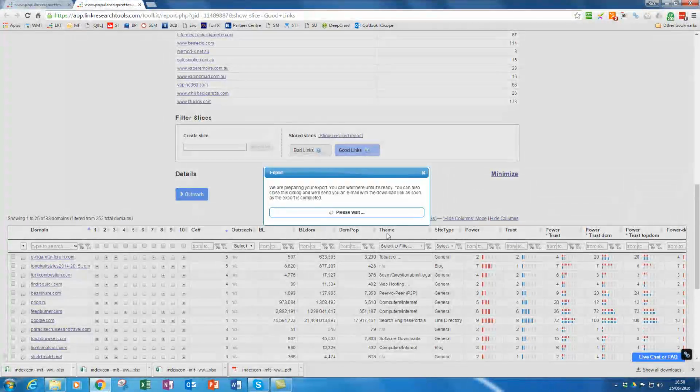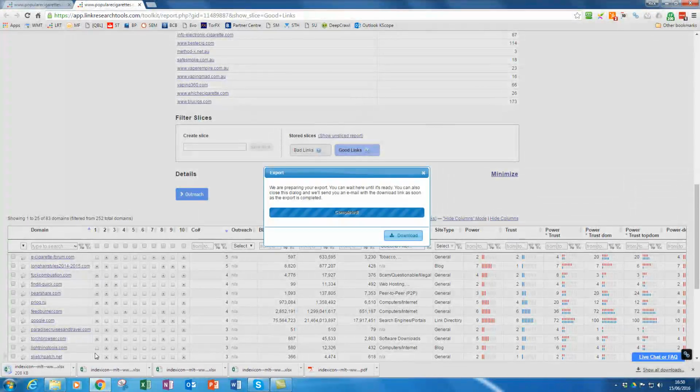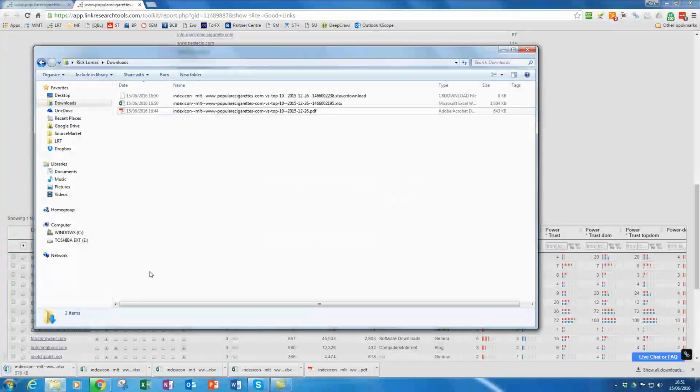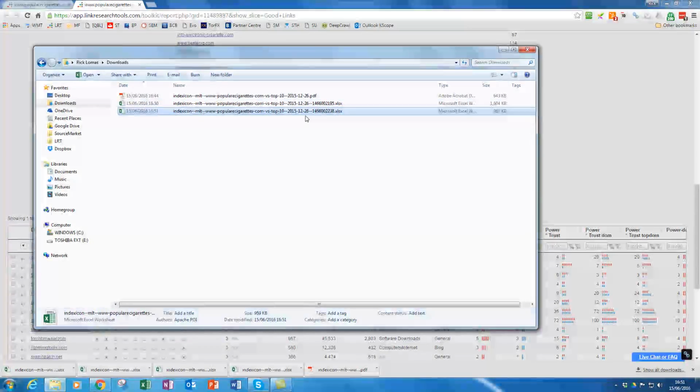In which case I will give you this spreadsheet here as well, and of course this one will be the smaller of the two. What I generally like to do is rename that slightly, and instead of these numbers here I tend to just put the word good.